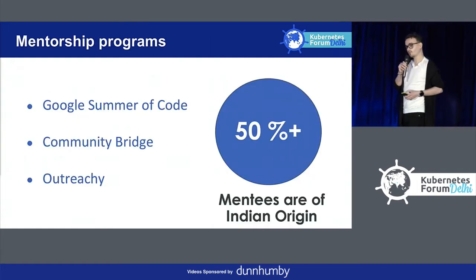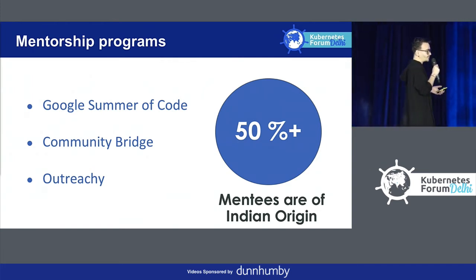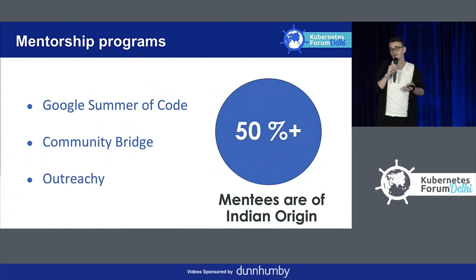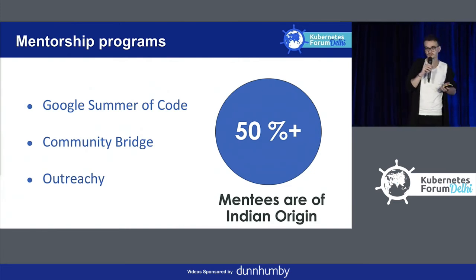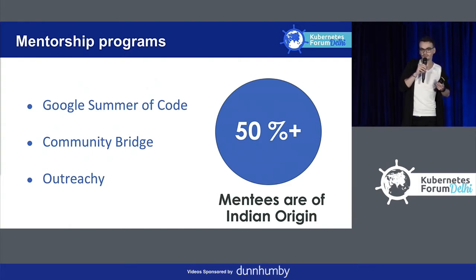But probably one of the most exciting things that we have established at the Cloud Native Computing Foundation that could extremely benefit the whole ecosystem is that we also help drive some mentorship programs. This year we are helping drive 3 of them. This is the Google Summer of Code, which is the well-known community-focused program for mentors and mentees.